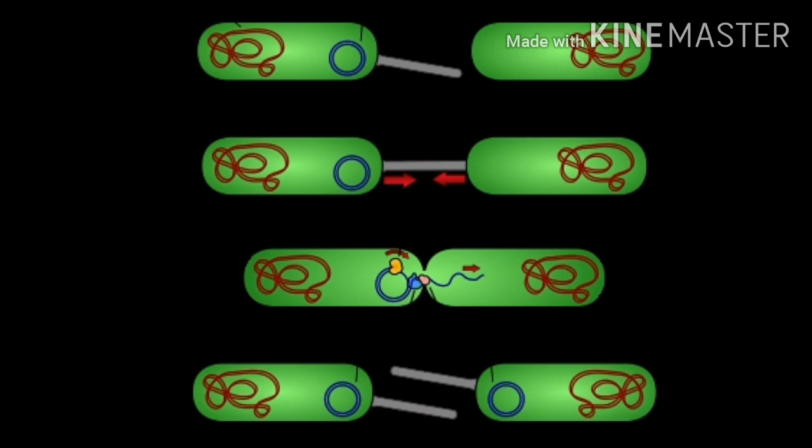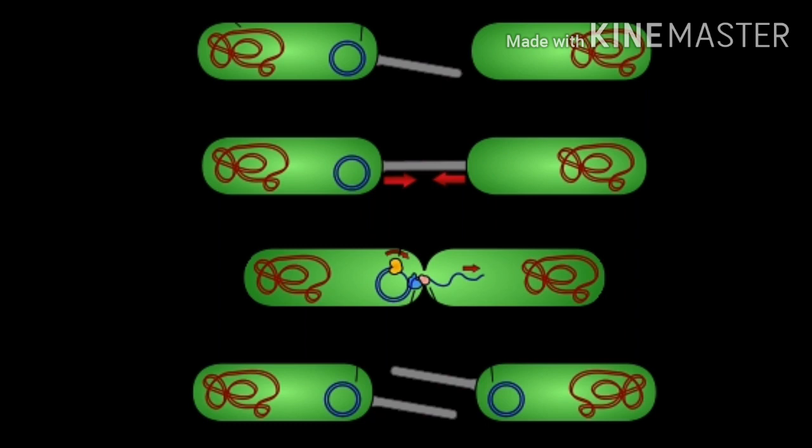Actually now it is not a pilus, it is the conjugation tube, and this fragment will produce this plasmid. All the genetic information is present in this plasmid. So the information is crossing from one bacterium to the other bacterium. So this is the first type of the sexual reproduction of bacteria, and that is conjugation.